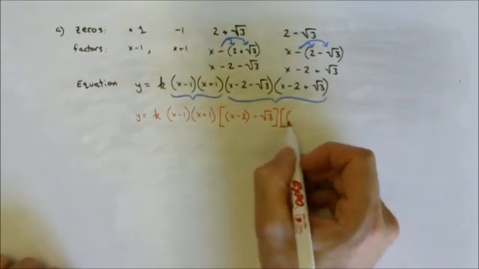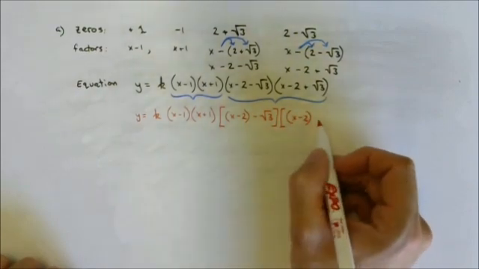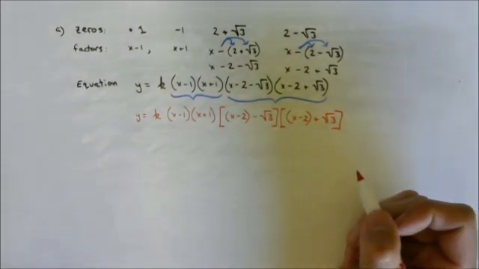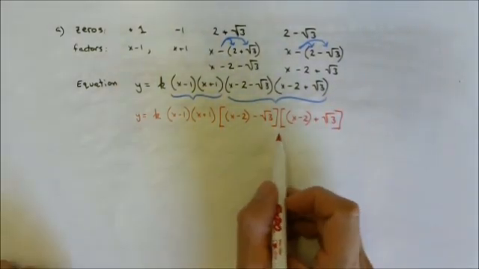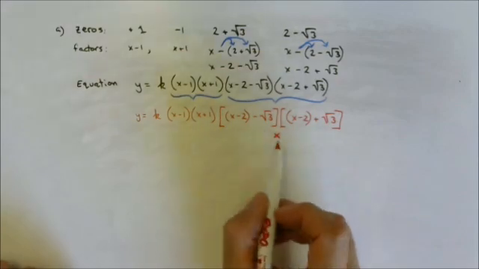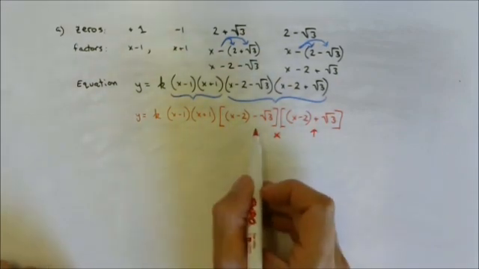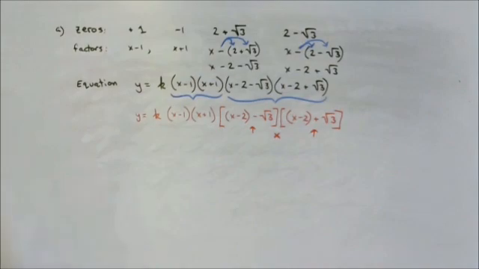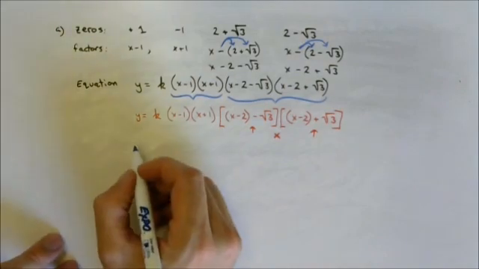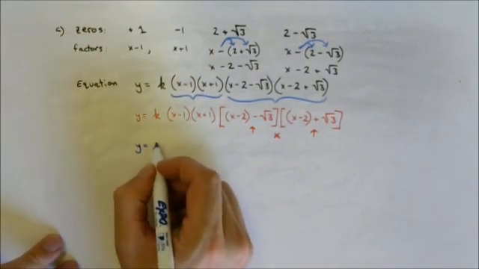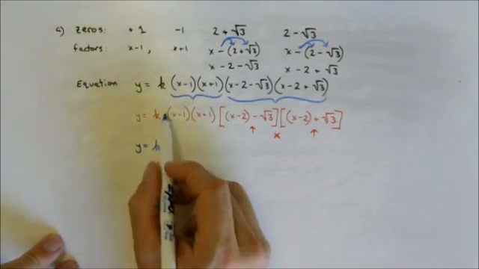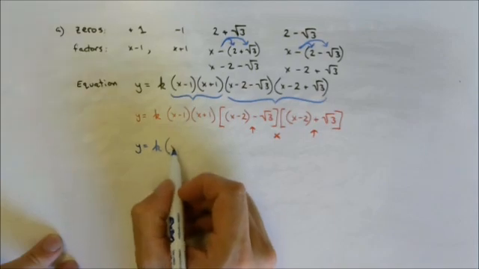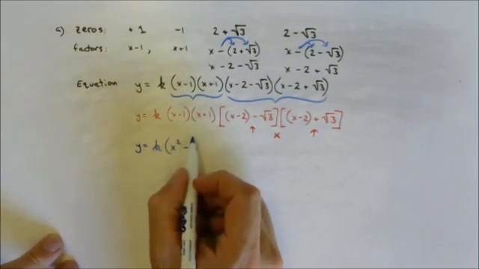In the next one, you group the x minus 2 again, and you have plus radical 3. If you write it like that, you can really see you have again the product of a sum and a difference, which means you can rewrite that as the difference of squares. So the first ones as a difference of squares would be x squared minus 1.